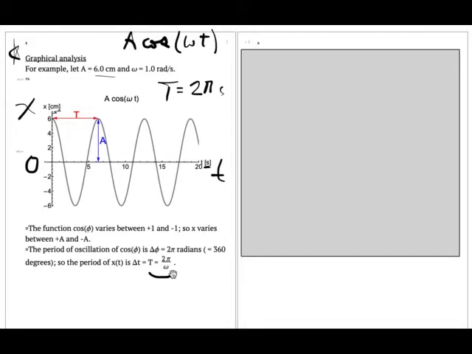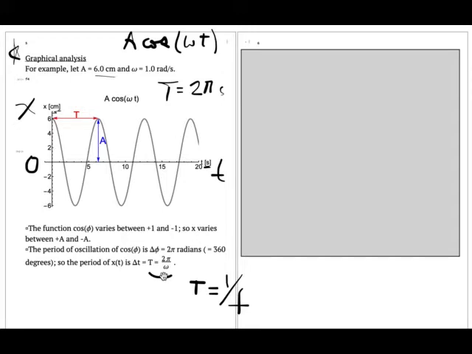I hope you're taking notes. Write that down in your notebook. The relation between angular frequency and period. And as for ordinary frequency, period is 1 over the ordinary frequency. But it's 2 pi divided by the angular frequency.